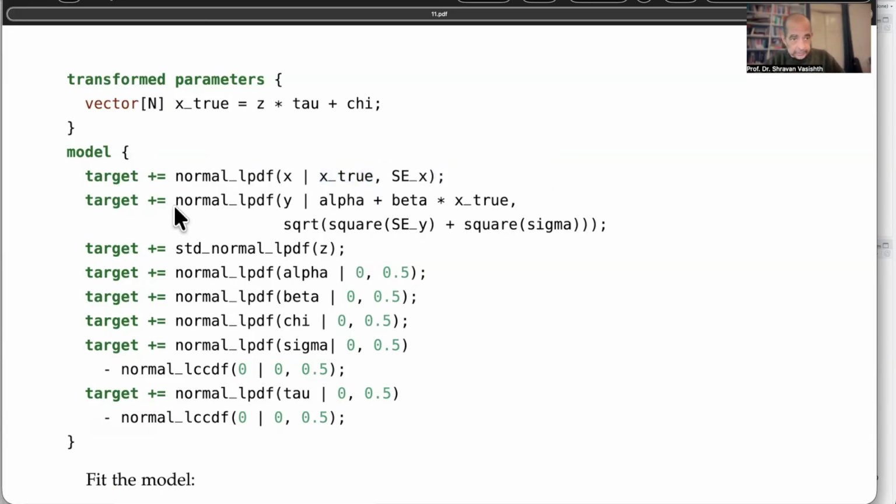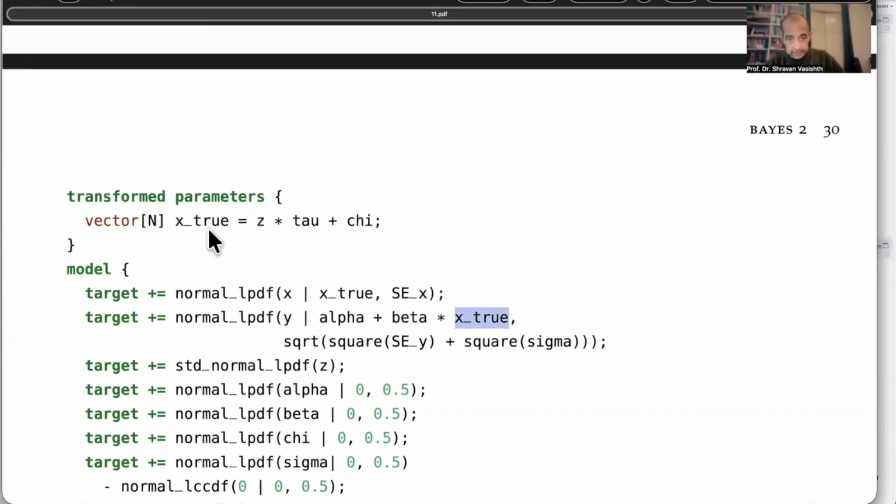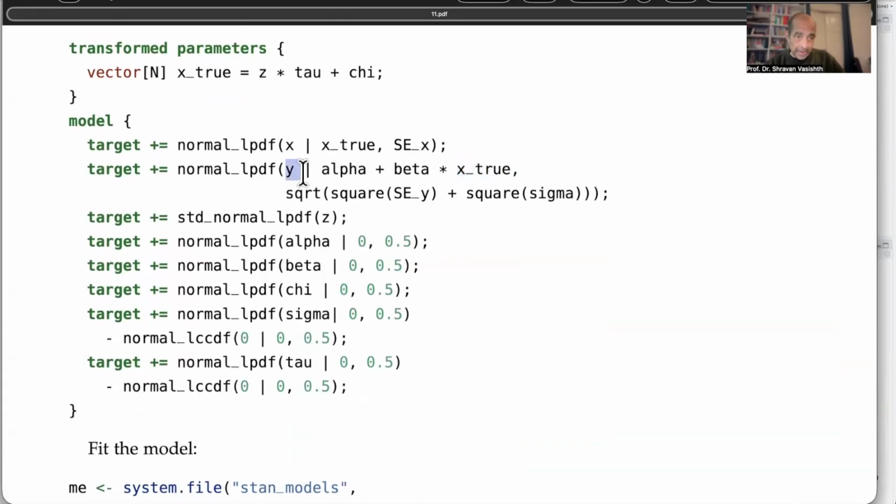This is the likelihood function: alpha plus beta times x true, as we derived in the transformed parameters block. That gives us the observed y, which is measured with a standard error that goes into this term here, just like the sigma equal to true setting in the meta-analysis. Everything else is now standard.